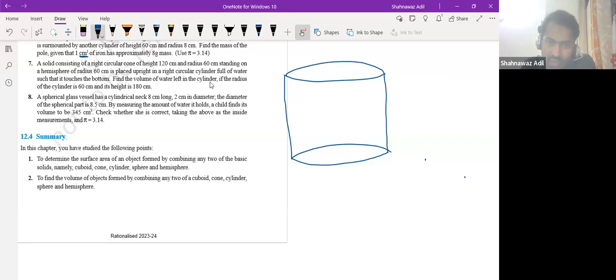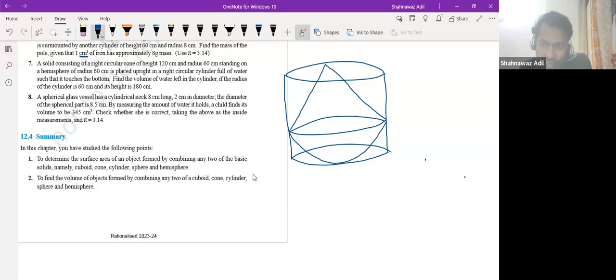And the radius of the cylinder is also 60 centimeter, right? So we have a hemisphere, and on top of it a right circular cone.